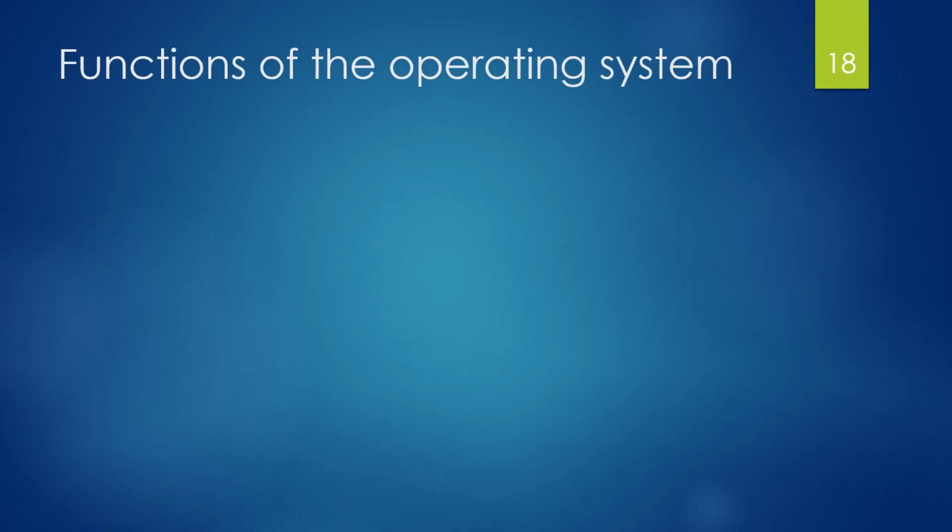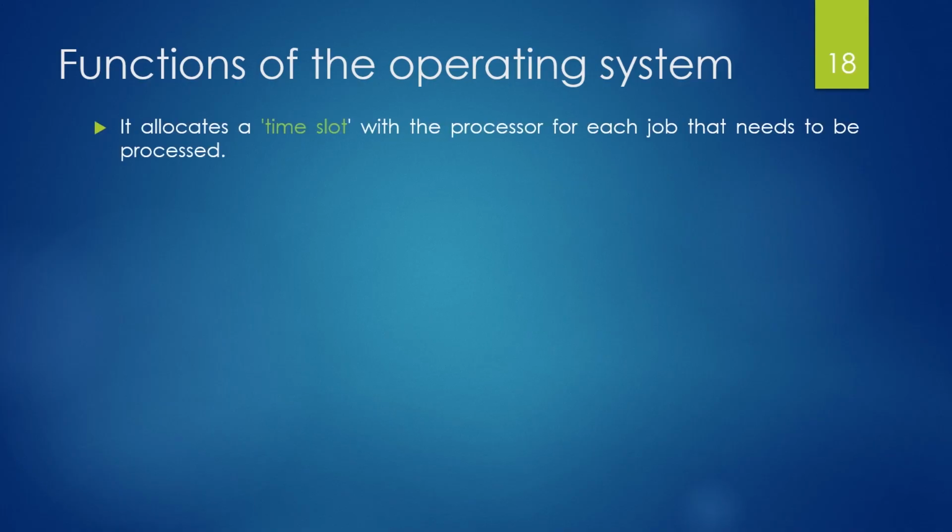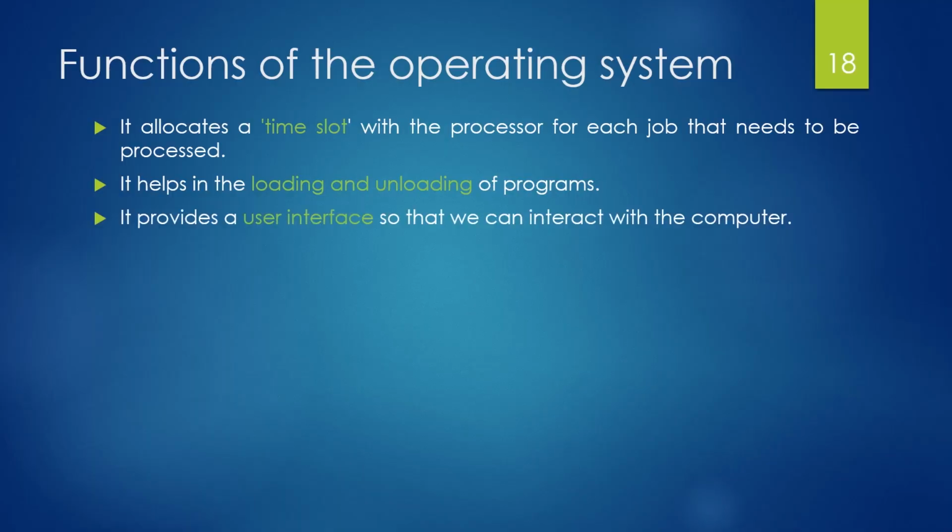Now we are going to look at the functions of the operating system. It allocates a time slot with the processor for each job that needs to be processed. It helps in the loading and unloading of programs. It provides a user interface so that we can interact with the computer.